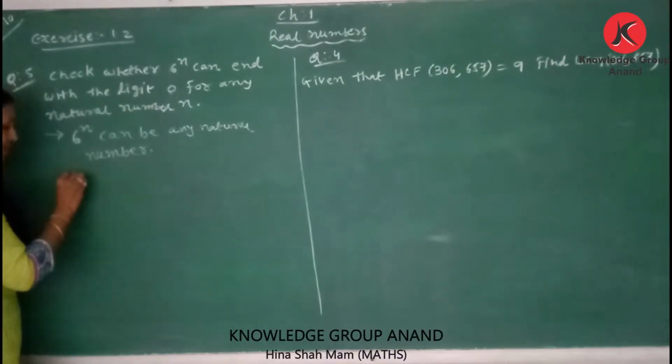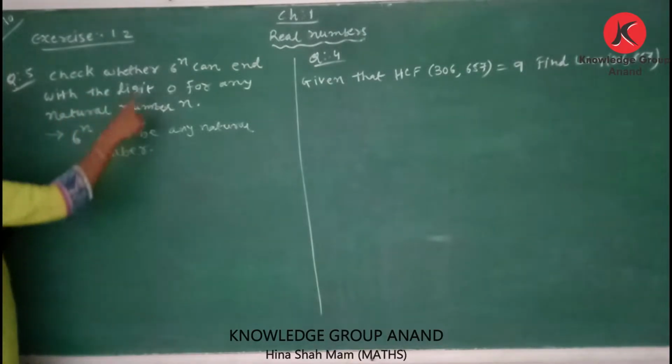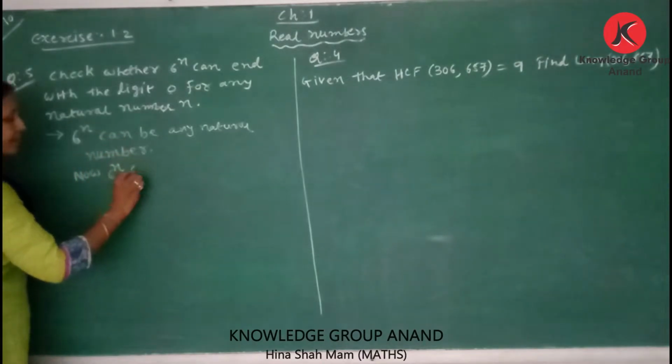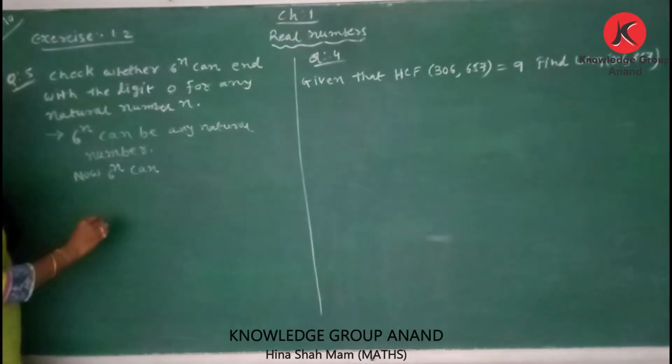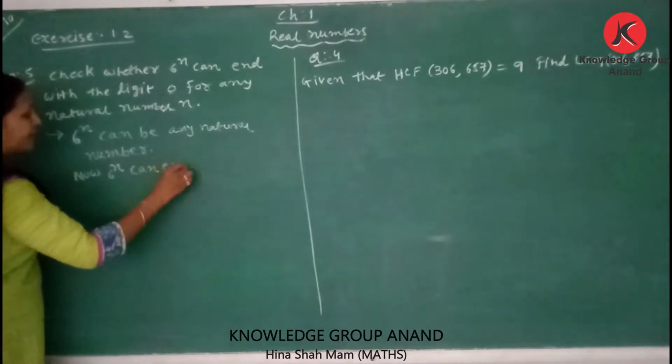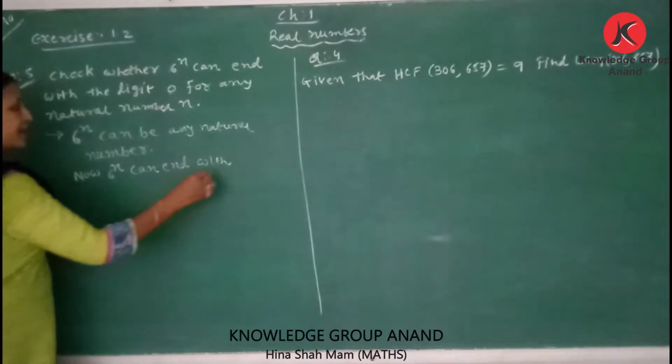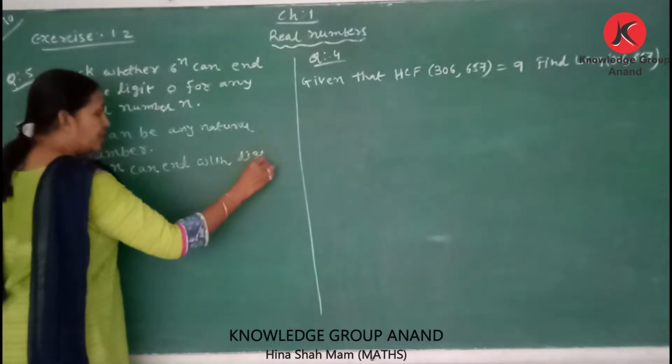Now, 6 raised to n can end with digit 0.